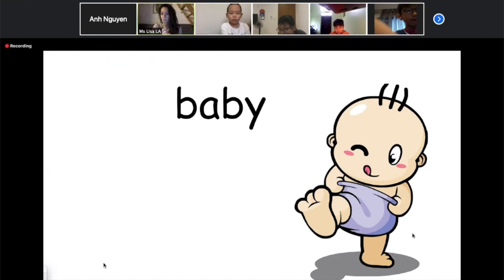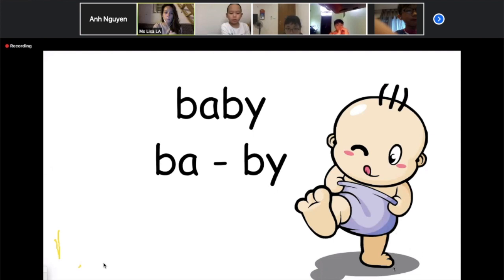So we can break this word down to our first syllable, ba, and our second syllable, by. So we have two vowel sounds in the word baby. Harry Kane, in the first syllable, which vowel sound do you hear? A. Okay, so we have our long A and our open first syllable, ba.